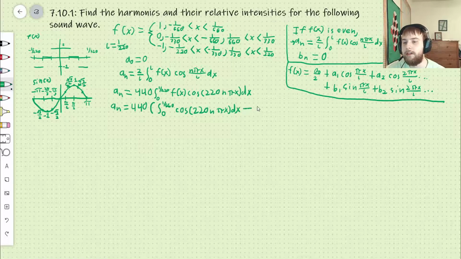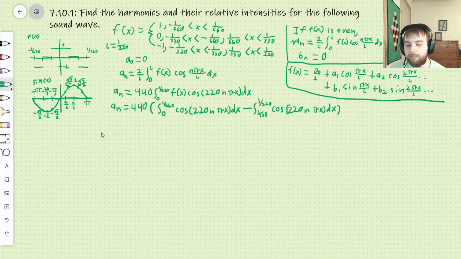Then we're subtracting the integral from 1/330th to 1/220th of cosine 220 n pi x dx. Closing parenthesis.